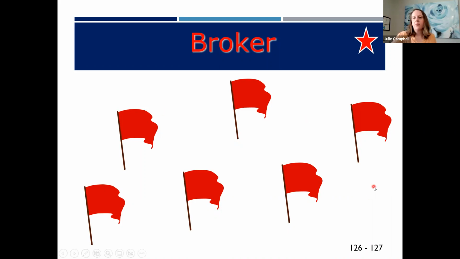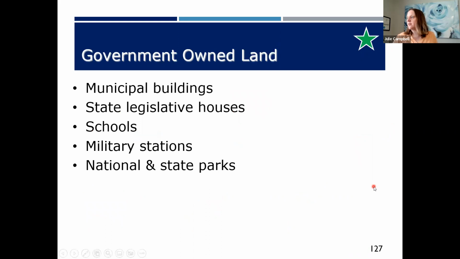The last little piece of Unit 6 real quick, is just about government-owned land. It's estimated that the government owns about 30% of the continental United States. Just an estimate. But the government does own land for various purposes.